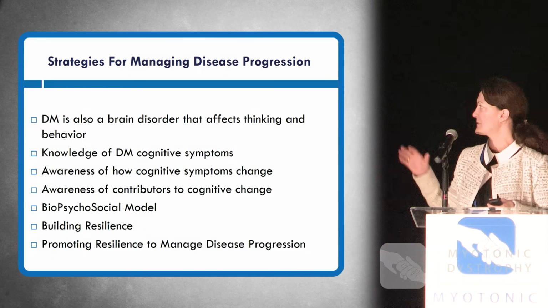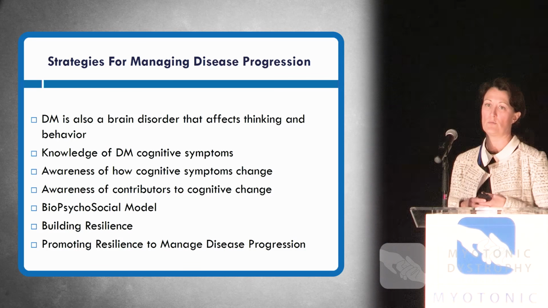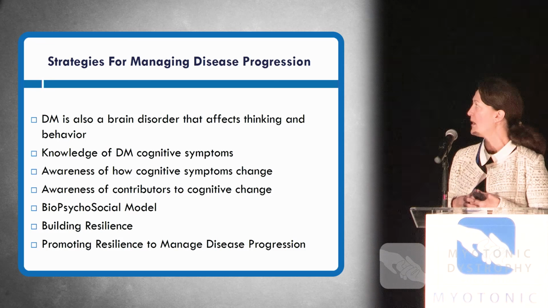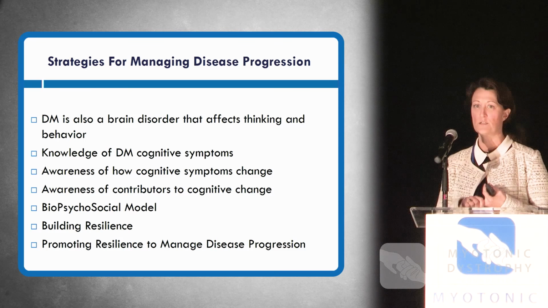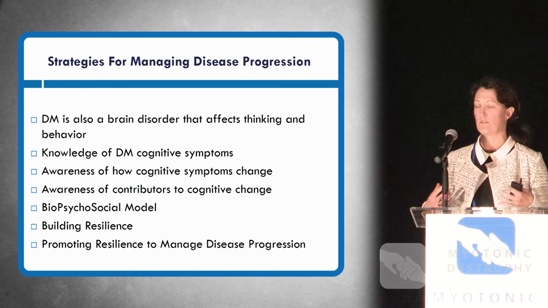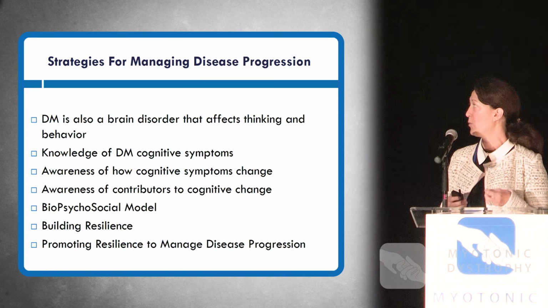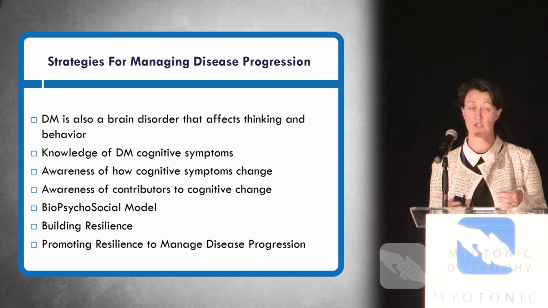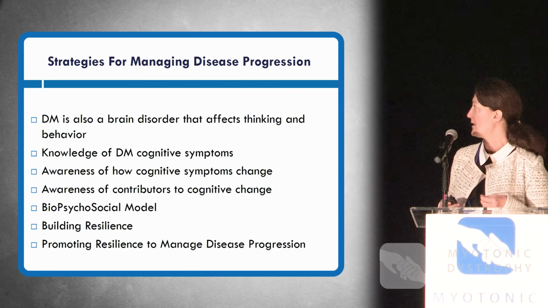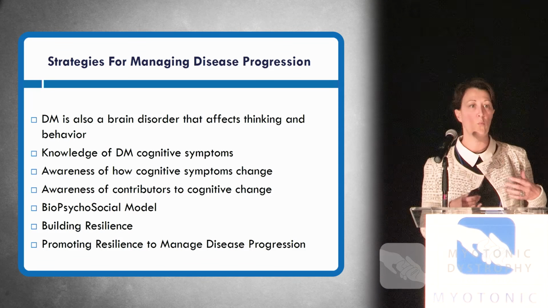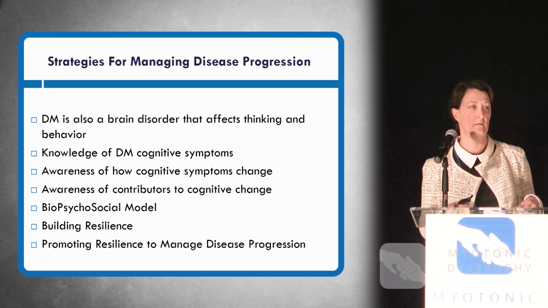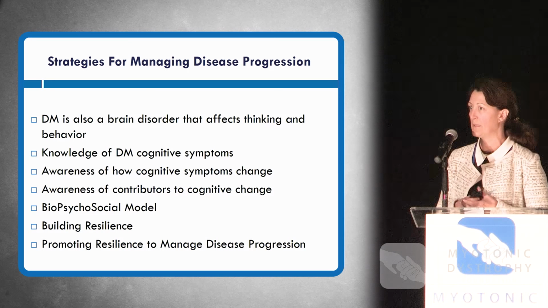Some of the key points that I'm going to discuss further today are having knowledge of your DM symptoms, what those cognitive symptoms are, being aware of how they change over time. Also being aware of what contributes to some of the cognitive problems that you might be experiencing.